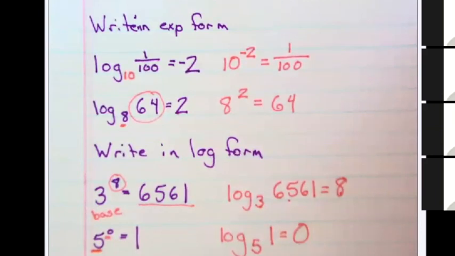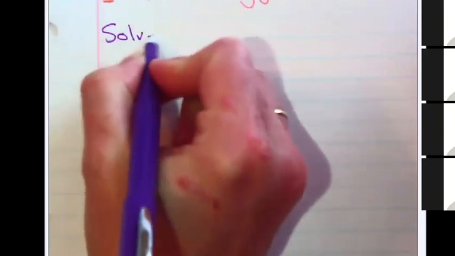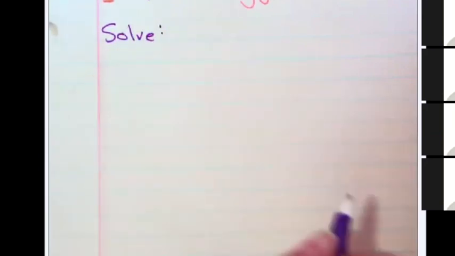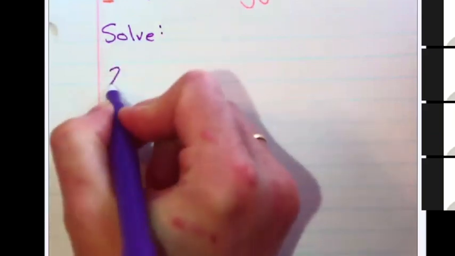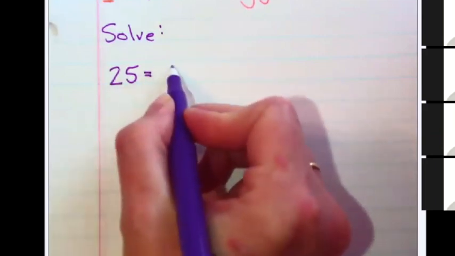So how can we use this? What makes it useful? So let's try solving an equation with this in it. So if I gave you 25 is equal to, let's say, 5x.